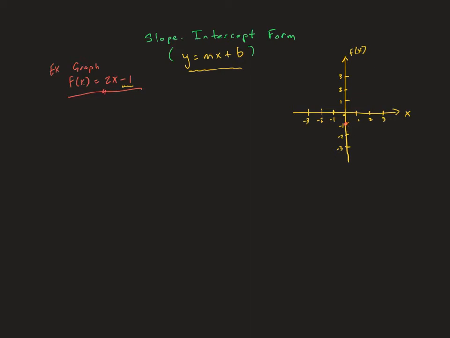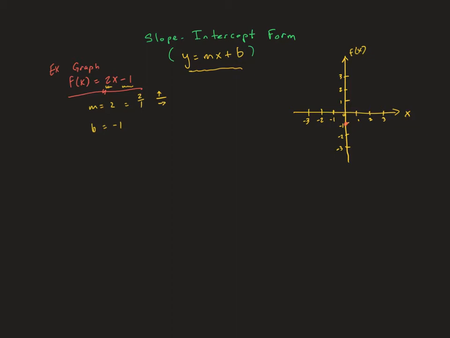And then the slope, m, the coefficient there, is 2. So my slope is going to be 2. My b is going to be -1. So slope is also going to be equal to 2 over 1, and that is going to be my rise over my run, the change in y over the change in x.